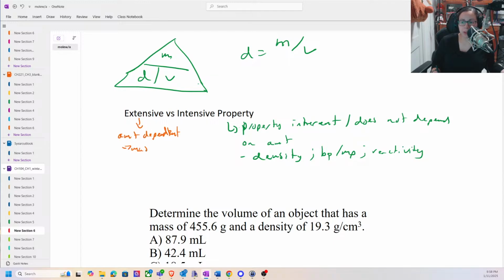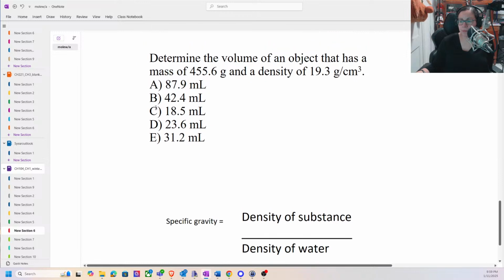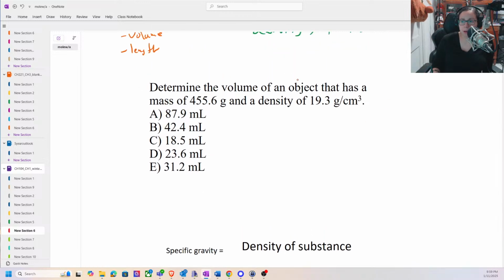That would be like mass and volume, the things that make up density. But you can always find that ratio, and it gives you your intensive property. So mass, volume, length, anything that dictates amount.